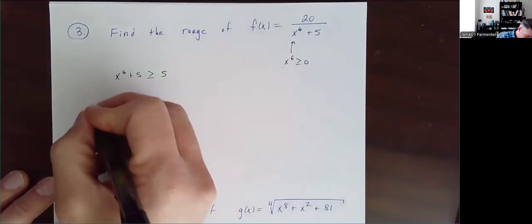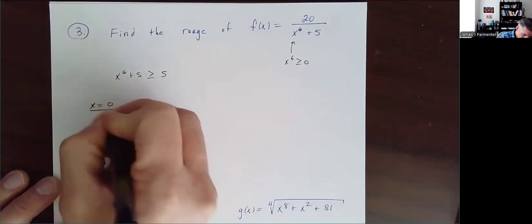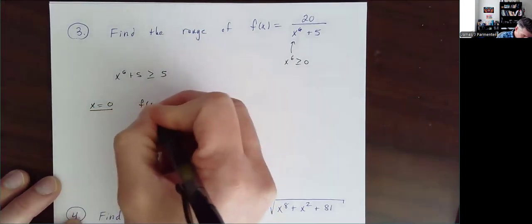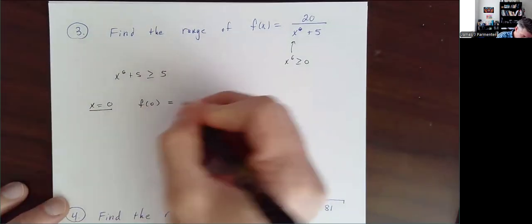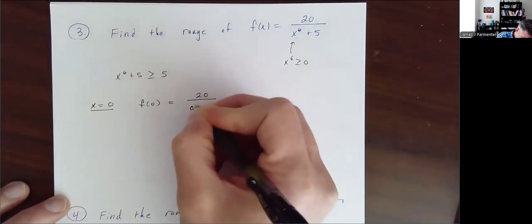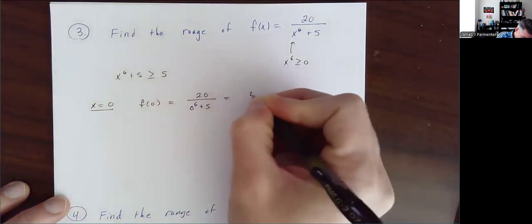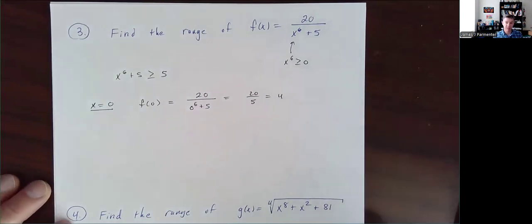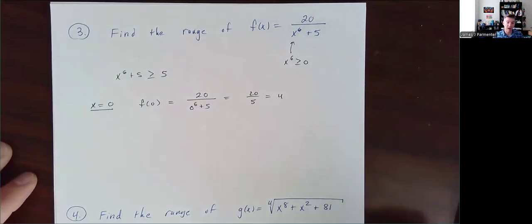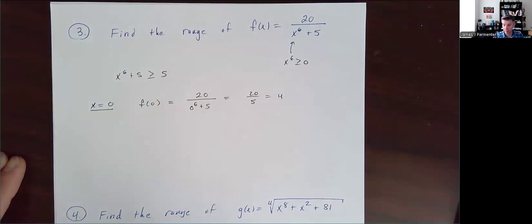So if I pick x equal to 0, I'll make the denominator as small as possible. f of 0 will be 20 divided by 0 to the 6 plus 5, which is 20 divided by 5, which is 4. If I make the denominator as small as possible, I've made the fraction as large as possible.